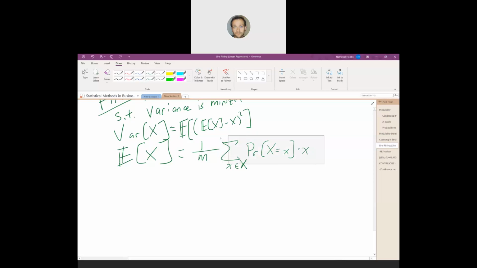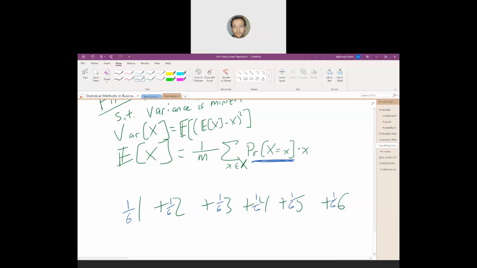Without this probability here, this would just be a sum of numbers. But instead of a sum of numbers, 1, 2, 3, 4, 5, 6, I can sum up these numbers. This probability is scaling things. Maybe I'll take 1/6 of this, 1/6 of this, 1/6 of each of these. Right? So I'm rescaling them.